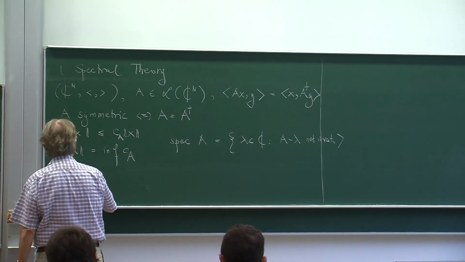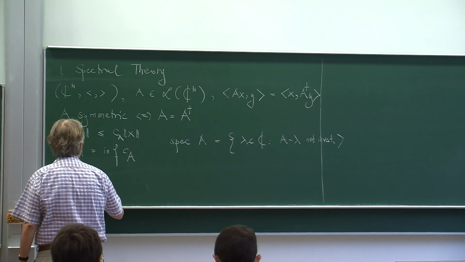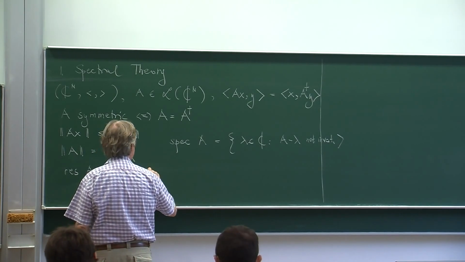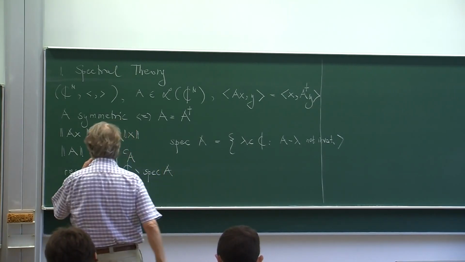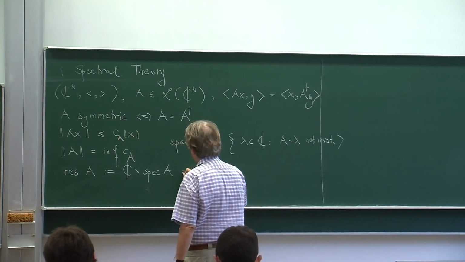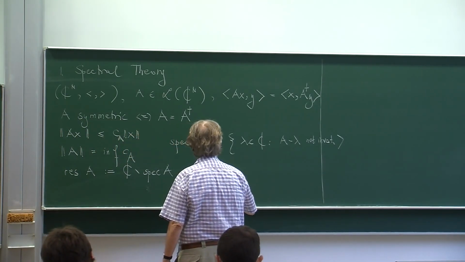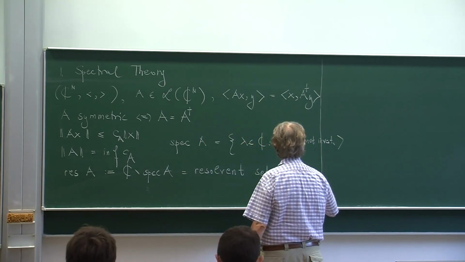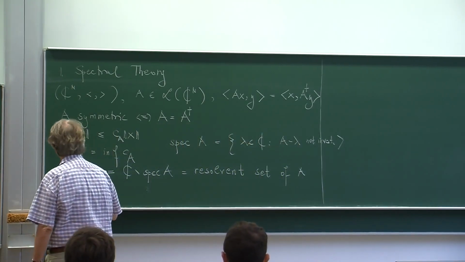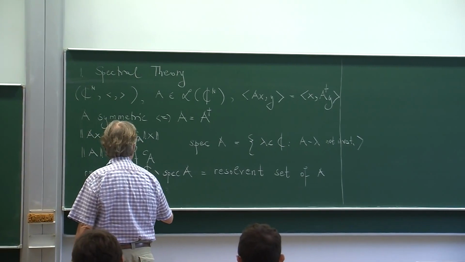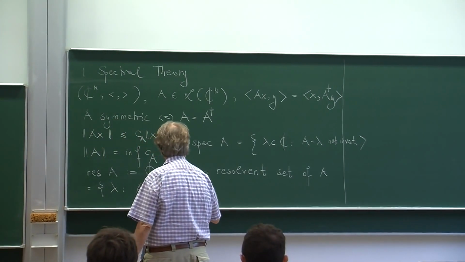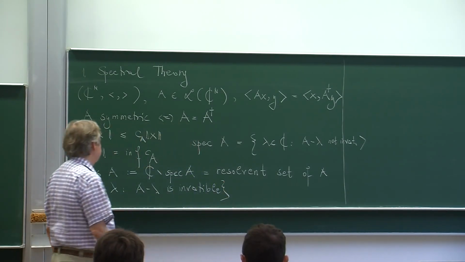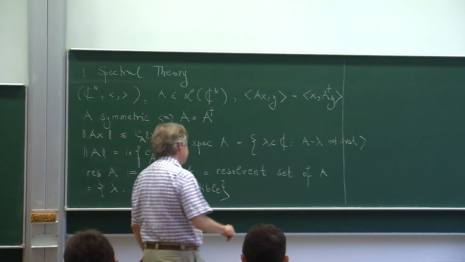So we rather define the complement, which is C minus spec A, which is called the resolvent set. So this is the set of lambda such that A minus lambda is invertible, which simply means that it is bijective.